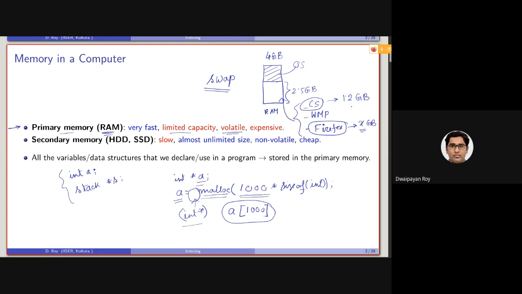Now, of course, the summation of all this could be much greater than 2.5 GB, which is the free space in the RAM. What the operating system does in this case is swap certain parts of the memory into the hard disk.